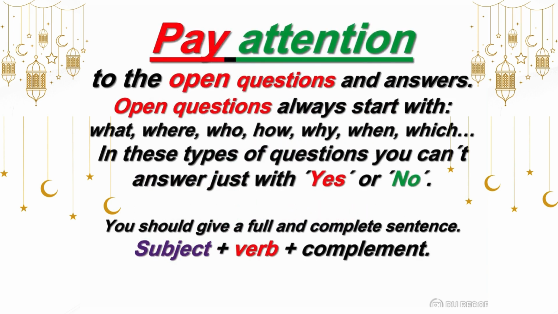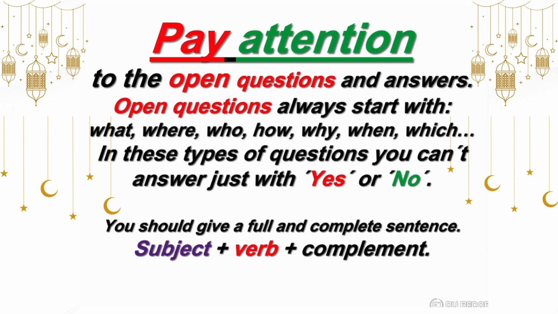So pay attention to the open questions and answers. When we studied short answers, we studied closed questions. It means closed questions, when we answer just with yes or no, and we should know the rule how to answer them. But now with open questions, so open questions always start with what, where, who, how, why, when, which.